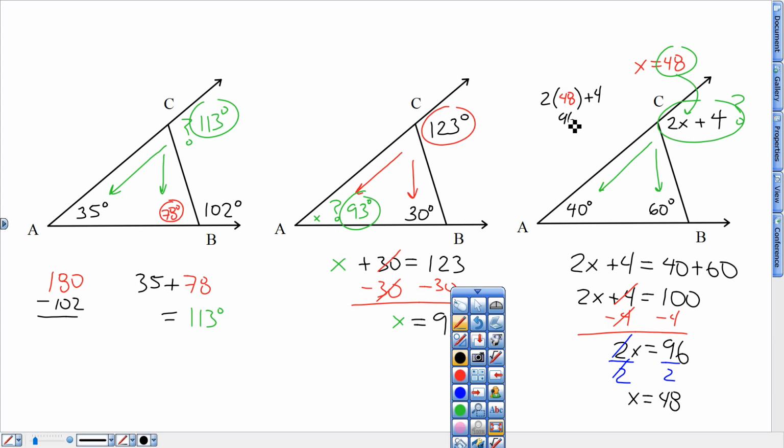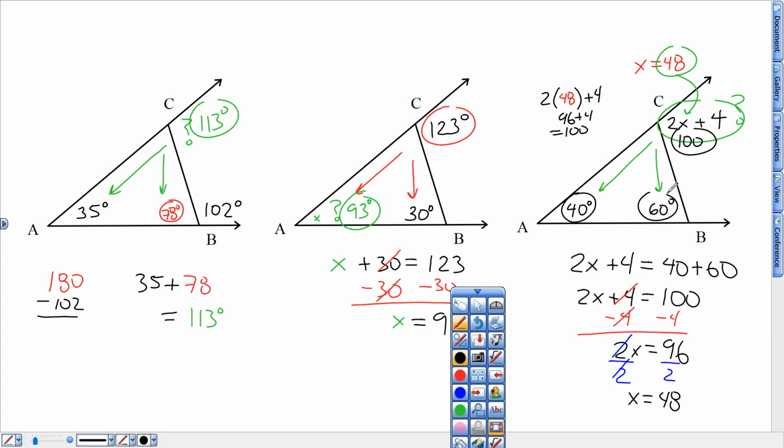And then add that 4. It's going to give me 100, of course. Same answer as these two added up. And again, that's supporting your math. That shows that angle is 100 degrees right there. Remember, X is not degrees. It's 100 degrees.